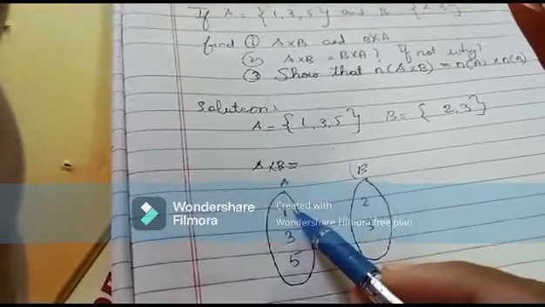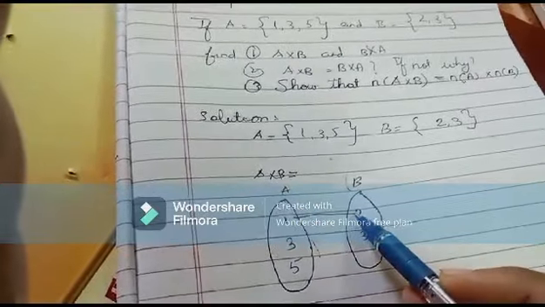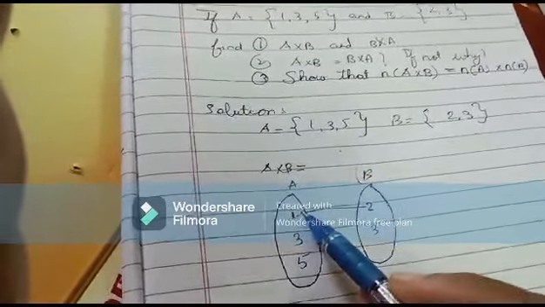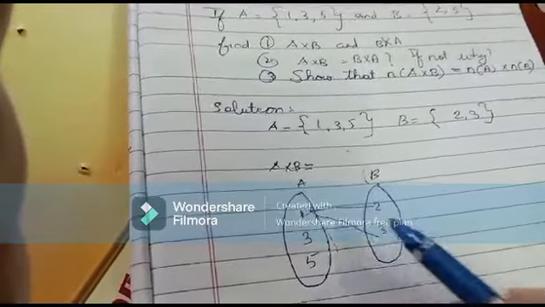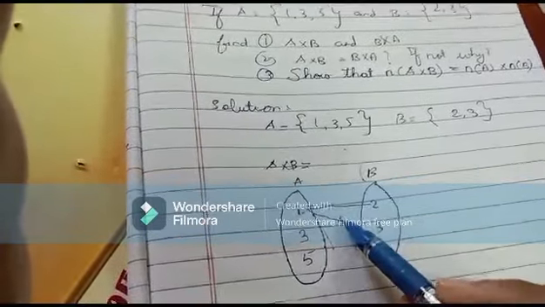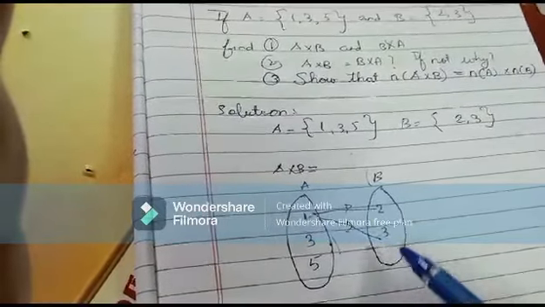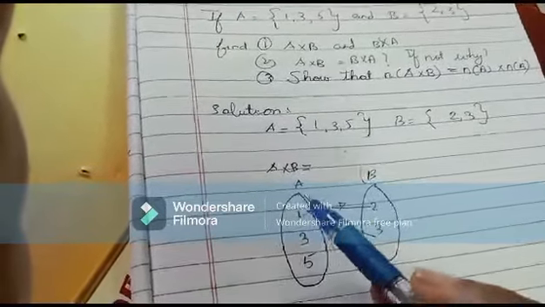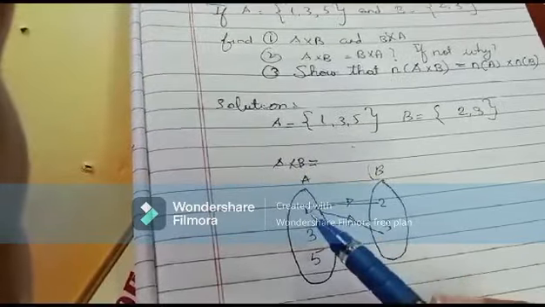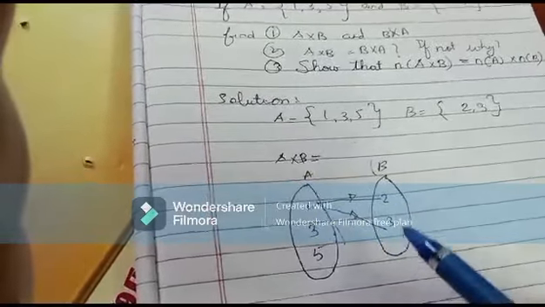So you have to make sure of that. This one should be mapped to 2, and this one should be mapped to 3 as well. So now you would have understood that the element 1 in A is mapped to all the elements in B.